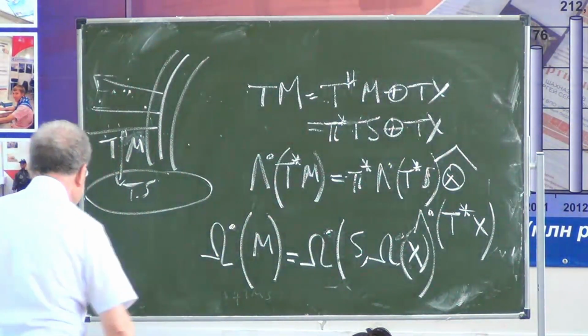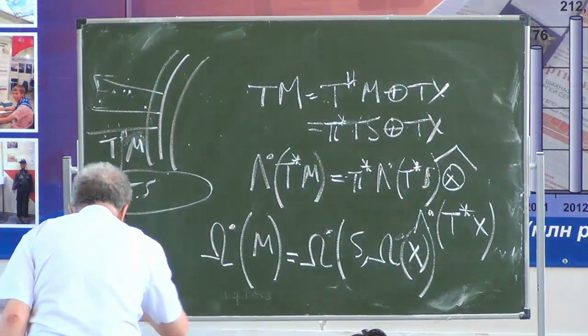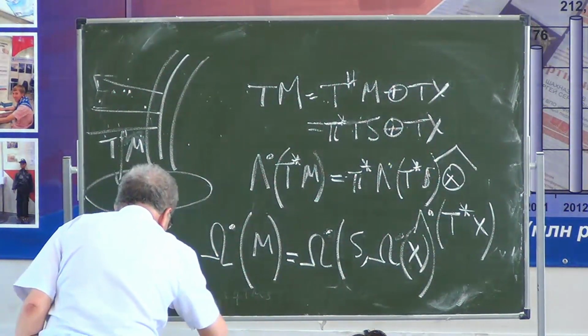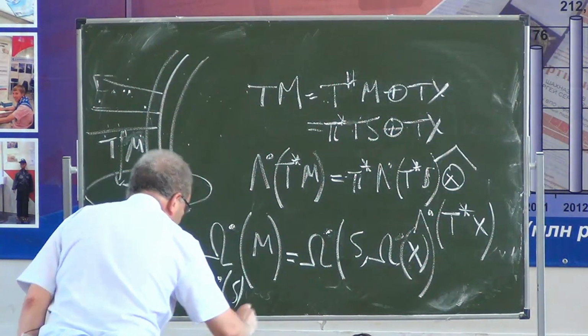Now, it's fairly obvious that Omega M is an Omega S module.